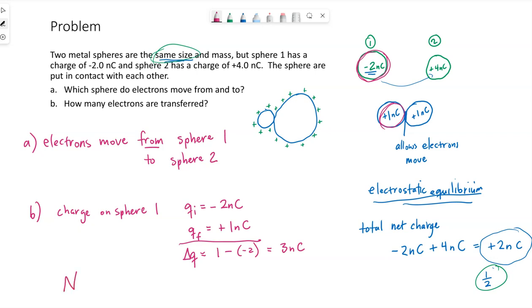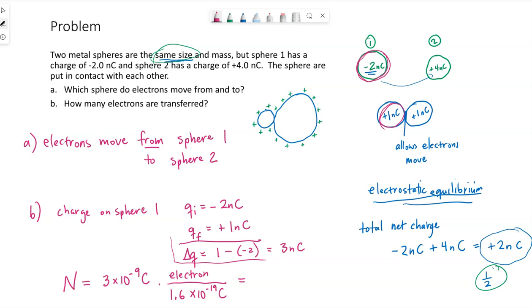So the number of electrons is going to be this charge, and then we need to use the fundamental unit of charge. We know an electron is 1.6 times 10 to the negative 19 coulombs for each electron. Now, I'm not accounting for the electron being negatively charged.